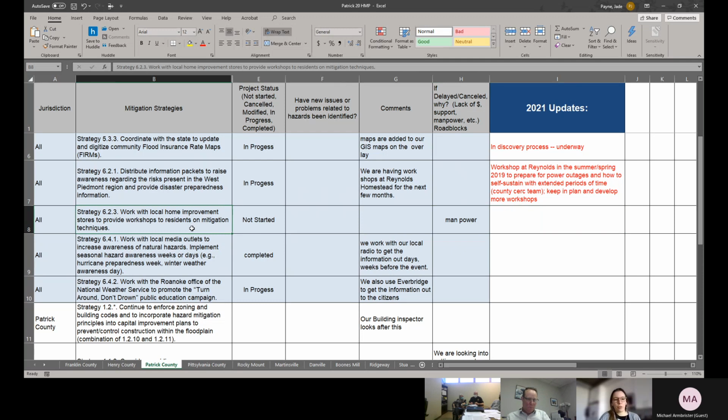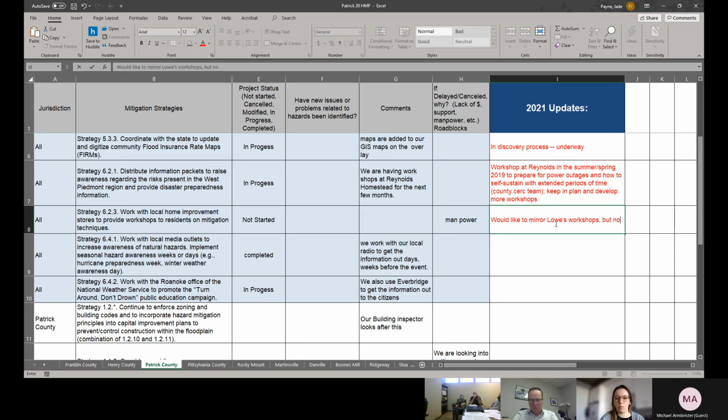Strategy 6.2.3 says work with local home improvement stores to provide workshops to residents on mitigation techniques. You said this was delayed due to manpower. Yeah, we just don't have the manpower. I'd like to do workshops like they do at Lowe's Home Improvement, but we don't have a Lowe's or Home Depot.